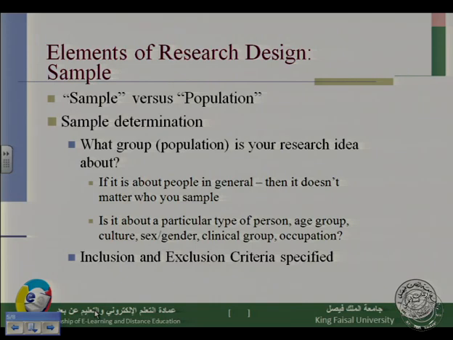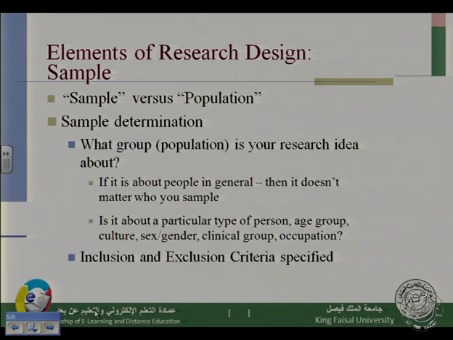Or sometimes you say, I am going to select the best children. Why? Because I am targeting only the best children. I don't want the lower proficient children. So your selection is linked to a justifiable reason.